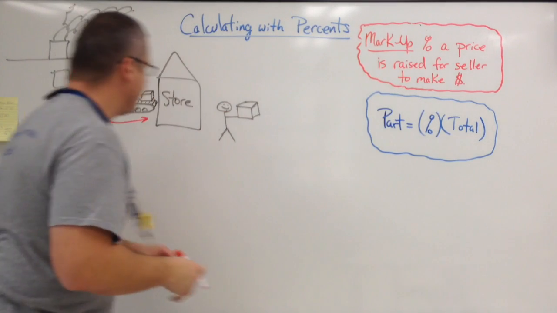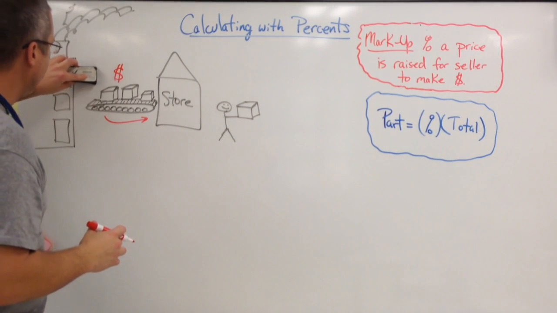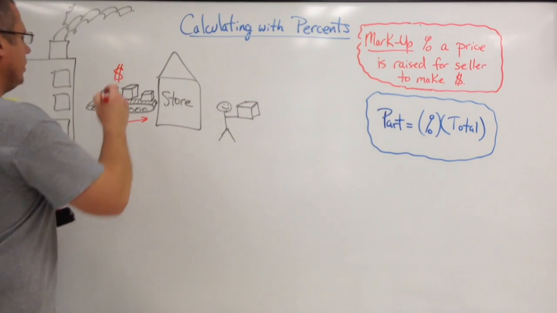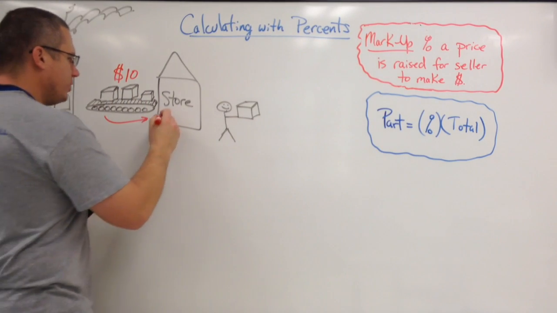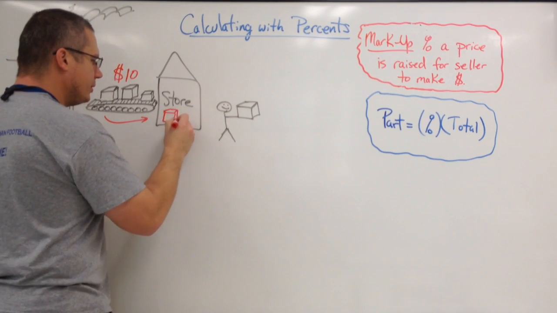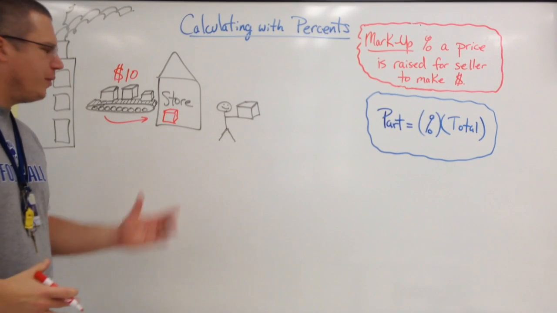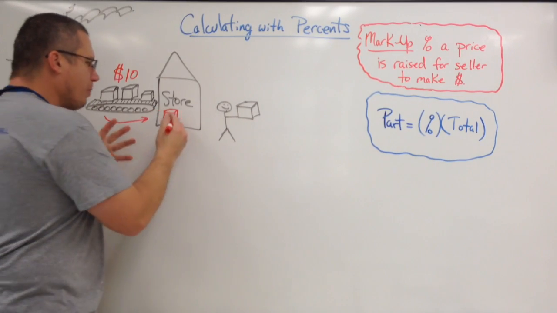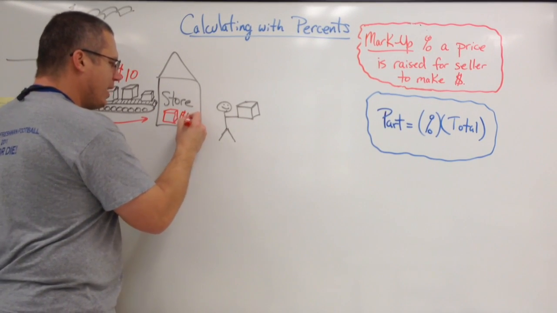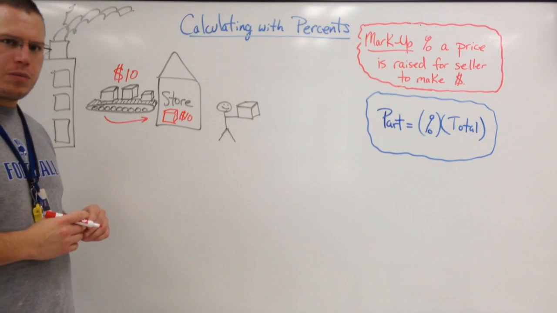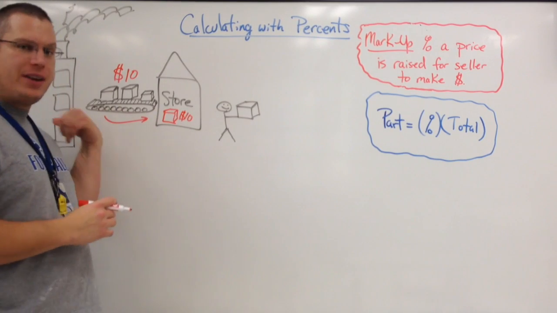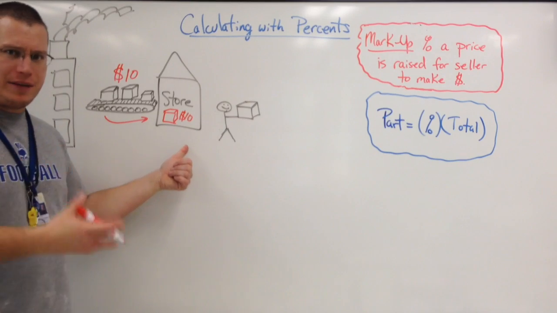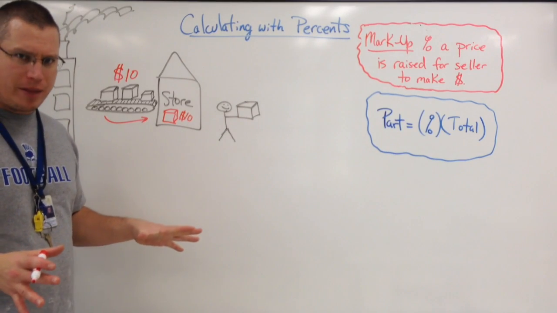So for instance, let's say they spent $10 for each box. So the box is now sitting in the store. Does it make sense for the store now to mark this as $10? It doesn't make sense. If the store paid $10 for the box and now is selling it for $10, what's the problem there?